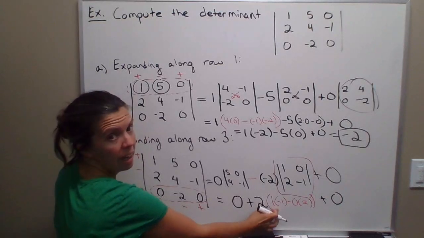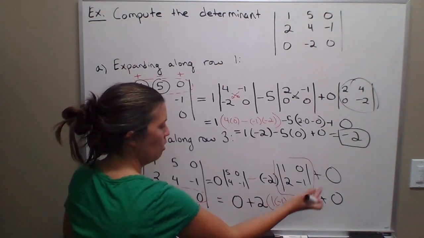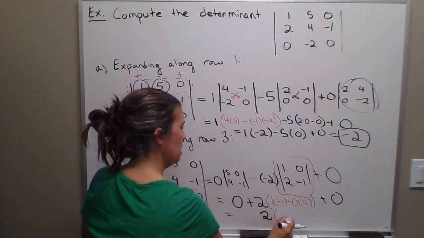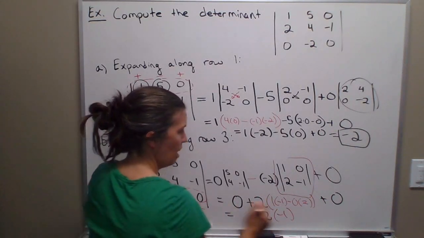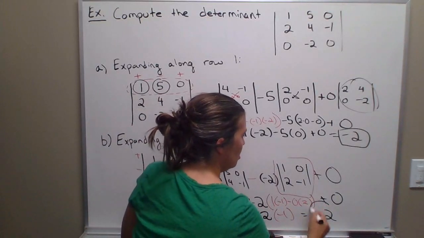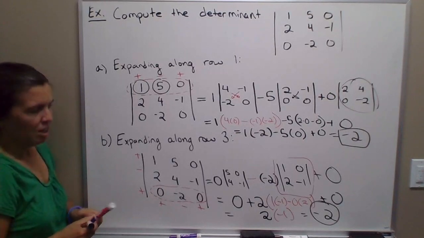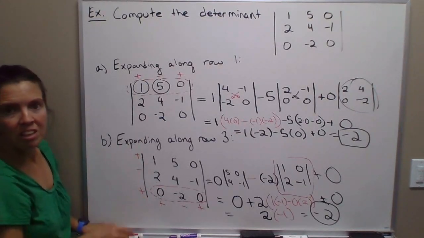So this will be negative 1 minus 0, so negative 1. We end up with 2 times negative 1, so negative 2 for the final answer. You should get the same value no matter which row or column you expand along, like we see in this example here.